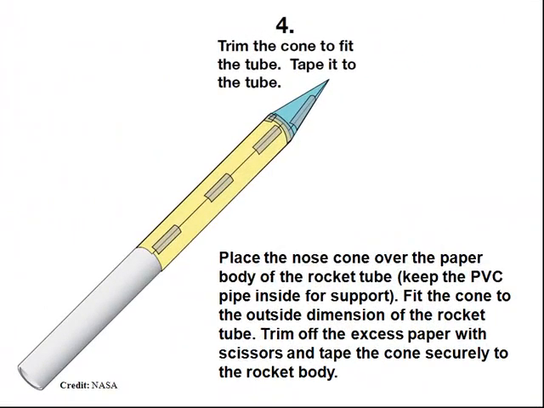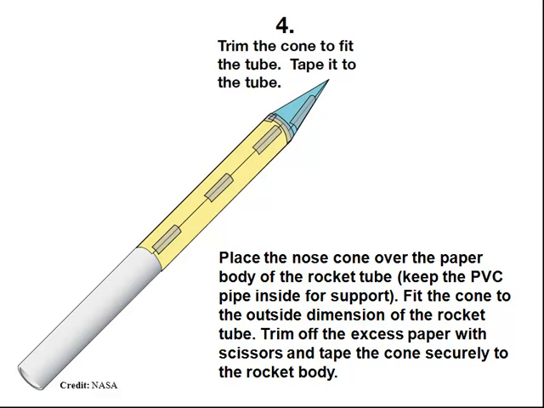For step 4, you're going to be connecting your nose cone to your rocket body tube. To do that, the first thing you want to do is trim the cone to fit the tube and tape it to the tube itself. So place the nose cone over the paper body of the rocket tube. While doing this, you're going to want to keep the PVC pipe in for added support inside the rocket body tube.